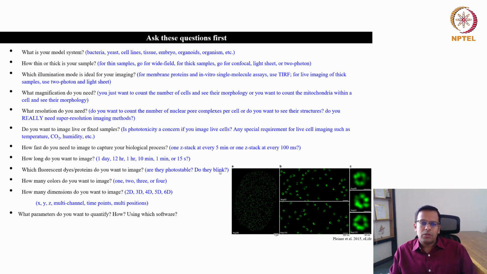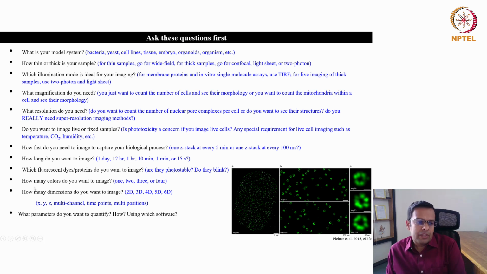But if you want to go for other kinds of super resolution or other kinds of imaging, blinking is not required. So you have to identify what your application is, and whether the fluorescent protein or dye that you are using is compatible with the type of imaging technology that you are using. For STORM imaging, you definitely need a dye which gives photoblinking.